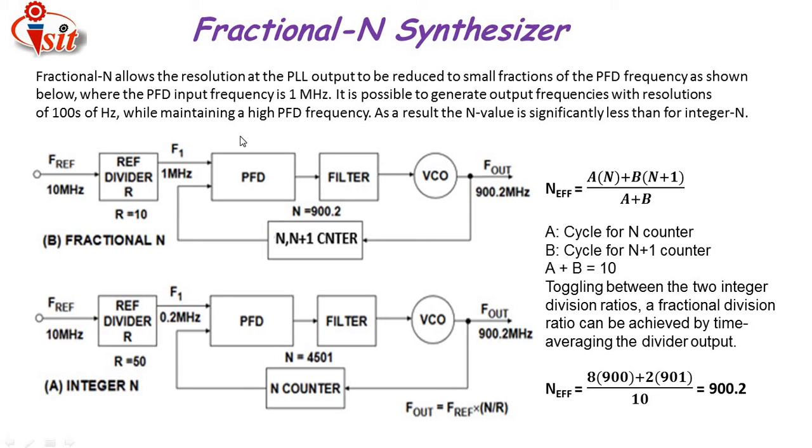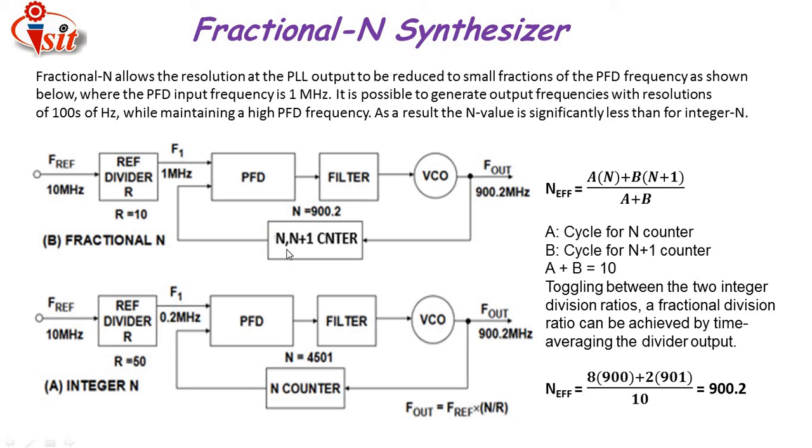As a result, the N value is significantly less than for the integer N. Here the PFD output is given to the filter, and the filter output goes to the voltage controlled oscillator, which separates out the output towards the N divider circuit.